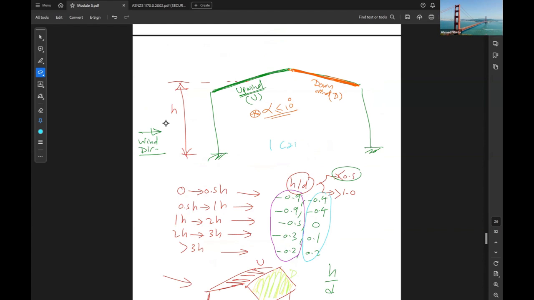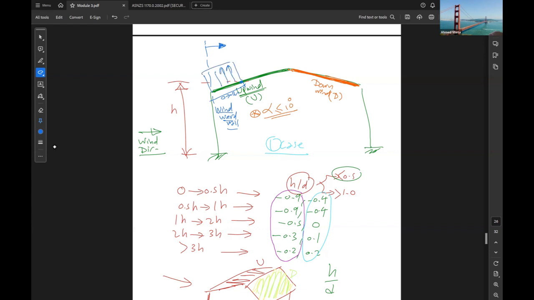For this case, we will have two cases. The first case, I will put on this diagram. Again, we start our dimensioning from the windward wall. From 0 to 0.5 H, for example, the value is negative 0.9.